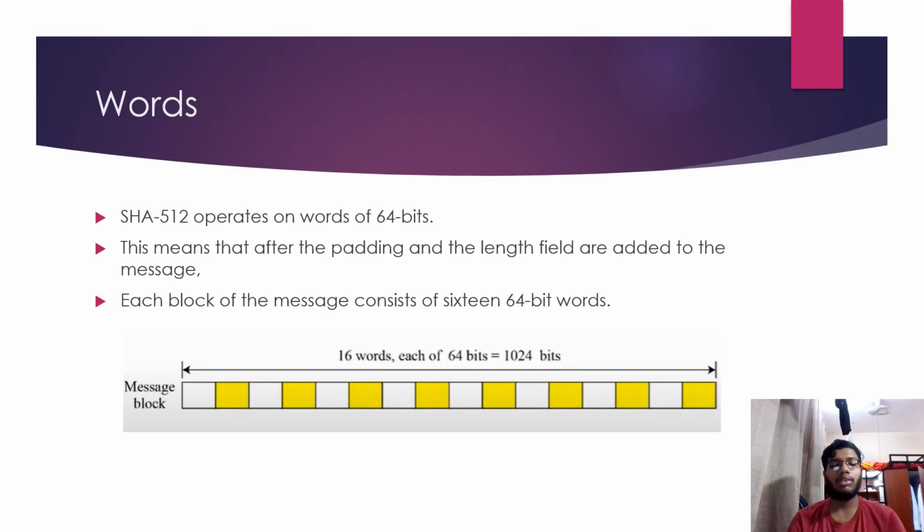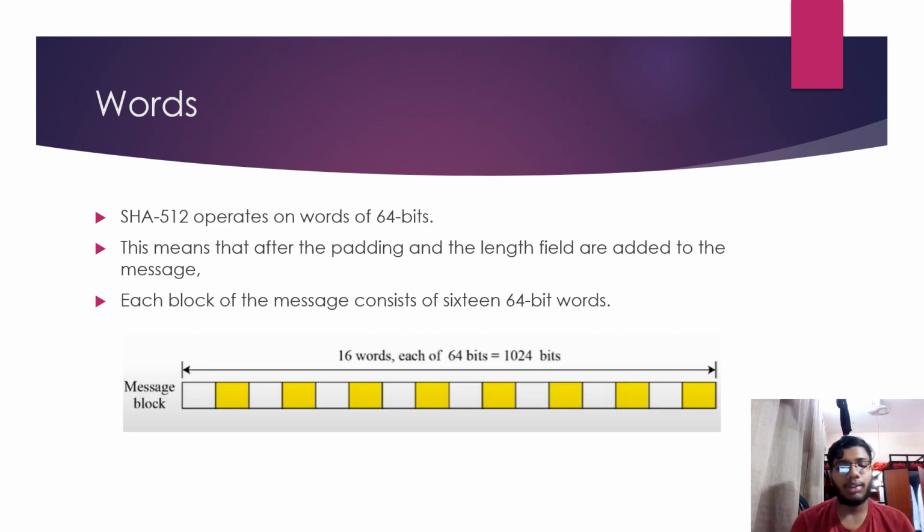So now we are going to do the formal processing of the algorithm. Here SHA works on words. Each word is going to be 64 bits, meaning we will take one block at a time. The current block I'm processing is 1024 bits. This block I'm going to split into 16 words. Each word is going to be 64 bits.